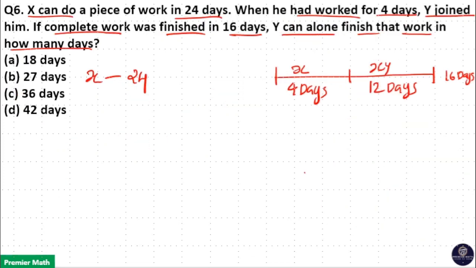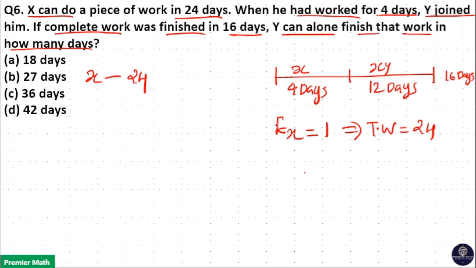Now this question can also be done in a different way. That is, let's consider the efficiency of X as 1 unit. That means total work will be 24 units because X can complete one work in 24 days.